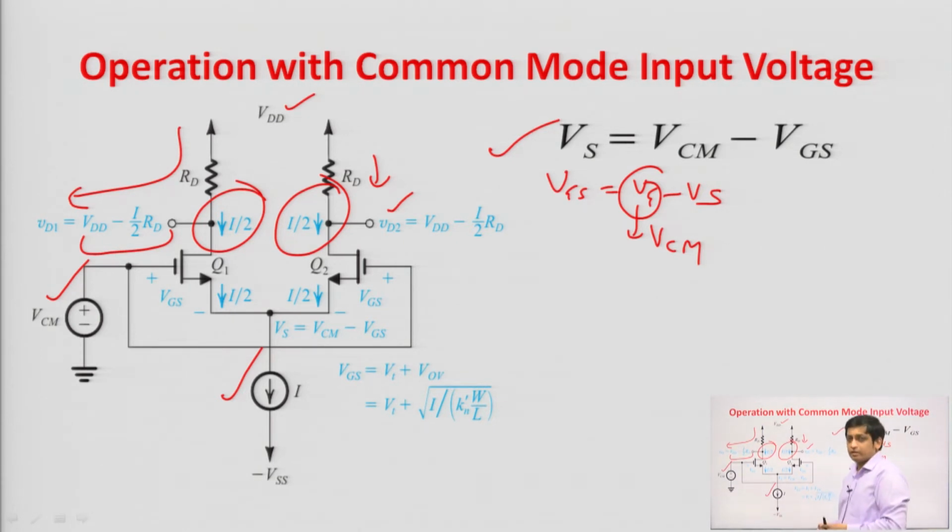So, what does it mean? It means that if we take the differential output, means if we take the output between the drain of the Q1 and Q2 transistor, then the output will be 0, because VD2 minus VD1 will be 0. What does it mean?